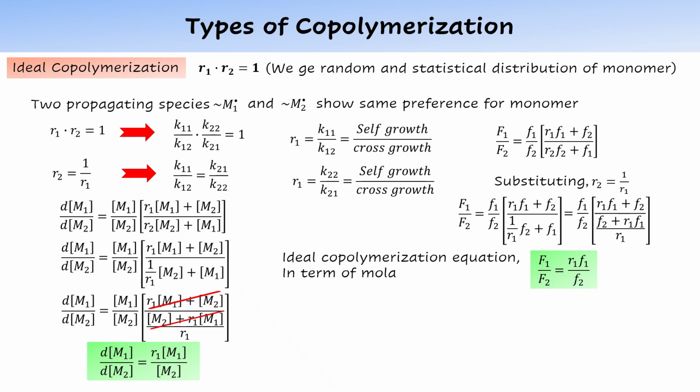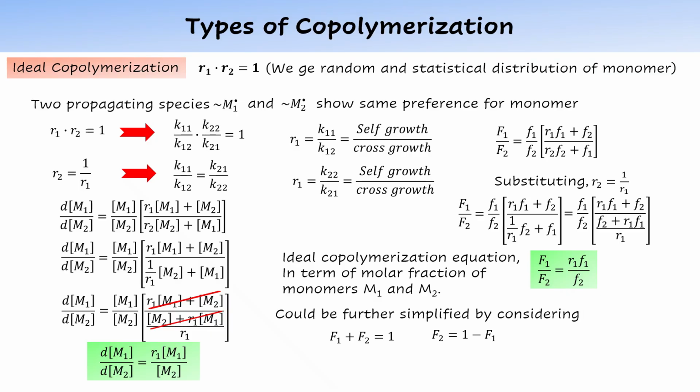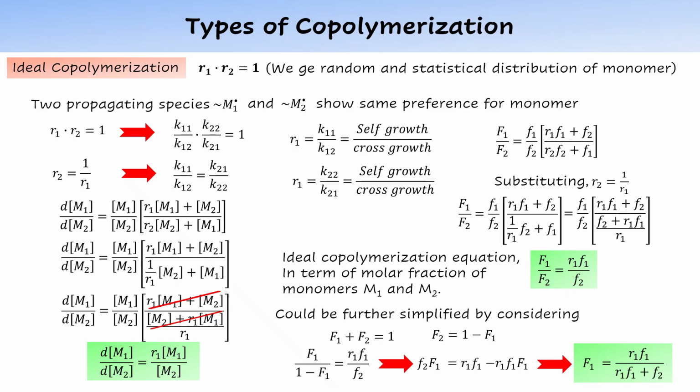To express this equation solely in terms of the mole fraction of monomer 1, we use the fact that the sum of mole fractions in a system is equal to 1. So substituting F2 into the previous equation and simplifying, we arrive at this equation.